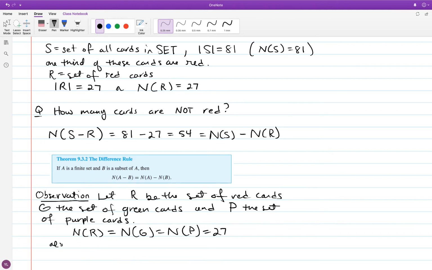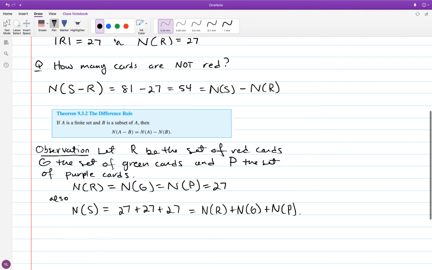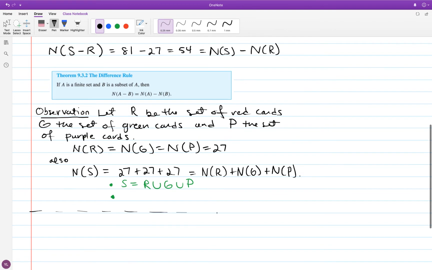We also see that since every single card is one of those three colors, the number of total cards is simply 27 plus 27 plus 27, right? n of R plus n of G plus n of P. Now, the other thing I want to notice set-wise is that the set S is the union of these three subsets, isn't it? I'm going to make another observation about how S is constructed from R, G, and P later, but for right now, let's inspect unions a little bit more.